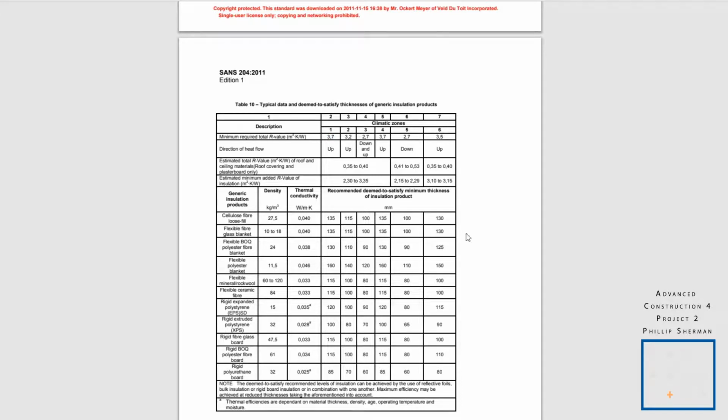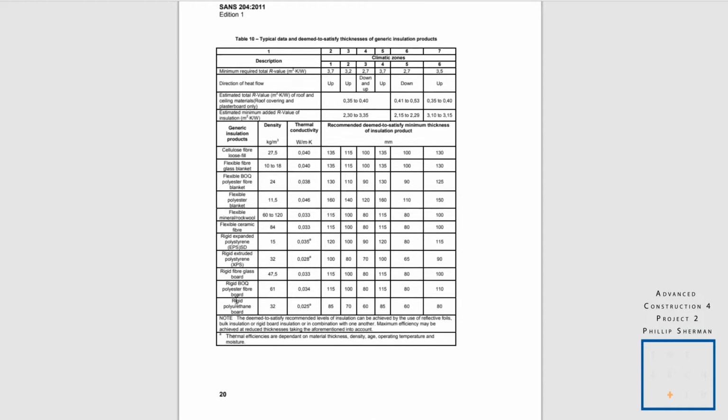Okay, so if I go now to my different insulation material types, if I wanted to apply EPS for 3.7, I need to use 100 millimeter thick EPS to have a resistance of 3.7. That is true if I have roof covering as well and plasterboard as a ceiling.